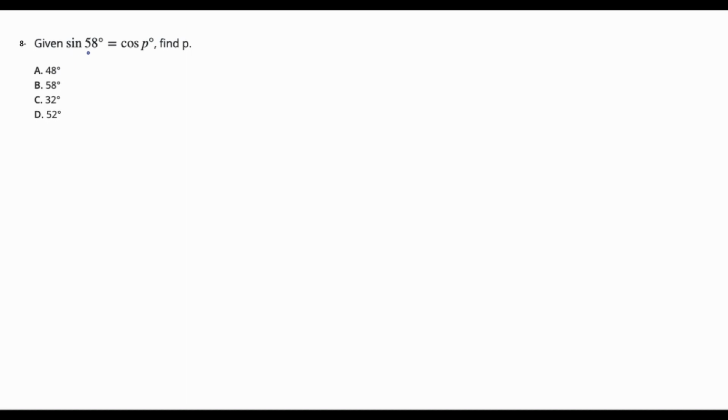Question 8 says, given sine 58 degrees is equal to cos P degrees, find P. Now, to answer this question, a very useful trig relationship that you should know is that sine theta degrees is equal to cos 90 minus theta degrees.